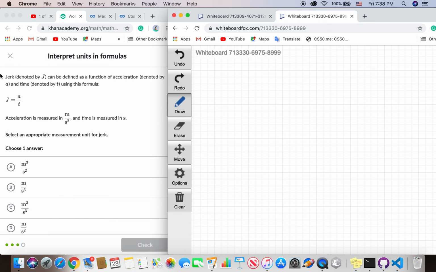Jerk, denoted by J, can be defined as a function of acceleration. Okay, so let's take a look. J equals A over T. So acceleration is measured in meters over second squared, and time is measured in s, which is seconds.